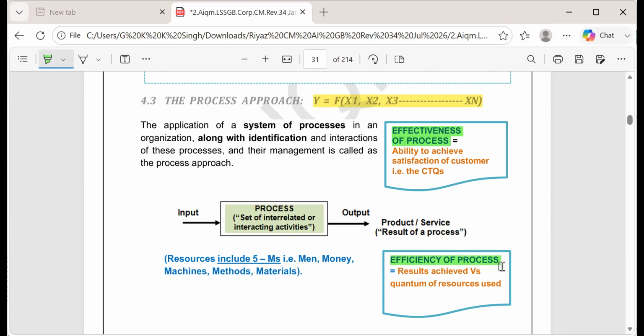Efficient is the use of resources. If we can achieve the same result by using fewer resources, then we are making the process more efficient. So making the process more effective and making the process more efficient, these are the two things we are trying to achieve in our Six Sigma projects.